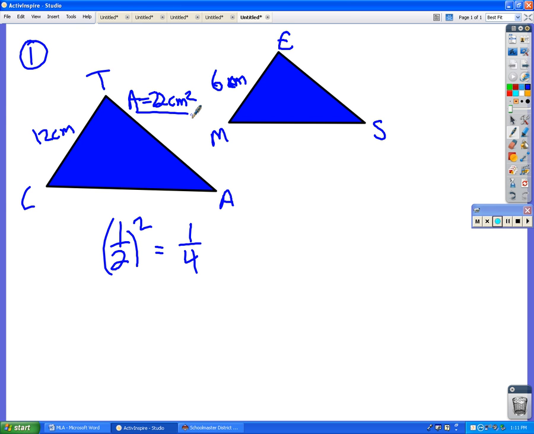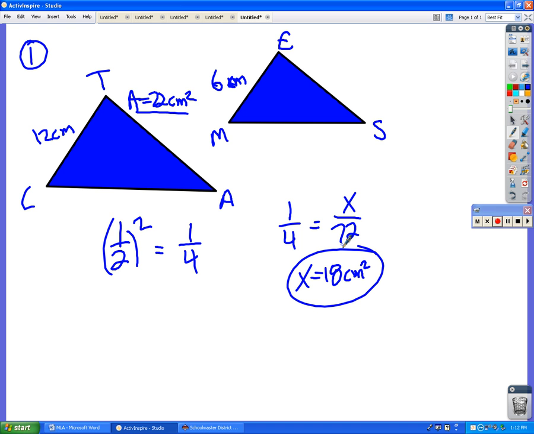So you could do it the non-thinking way, which would be to set up a proportion 1/4, because we figured out that was the proportion of the areas, equals x over 72. Or you could just say, well, since this is 1/4 of that, I'm just going to take that answer and divide it by 4. And either way you slice it, you get that the area of the one that you're looking for is 18 square centimeters.